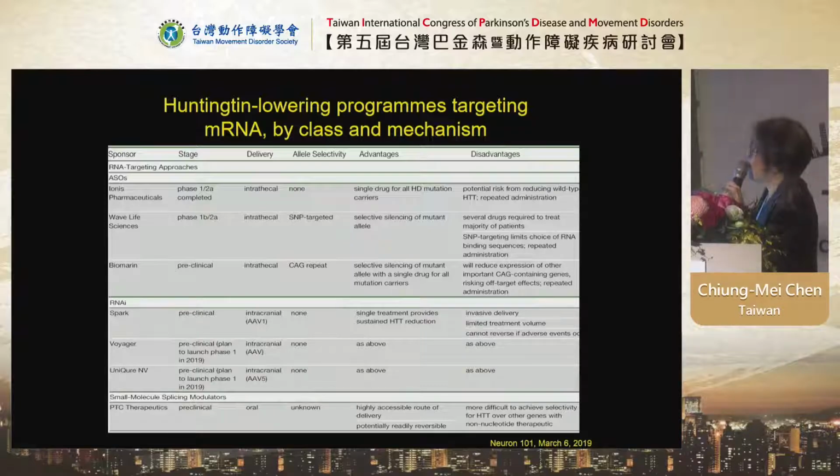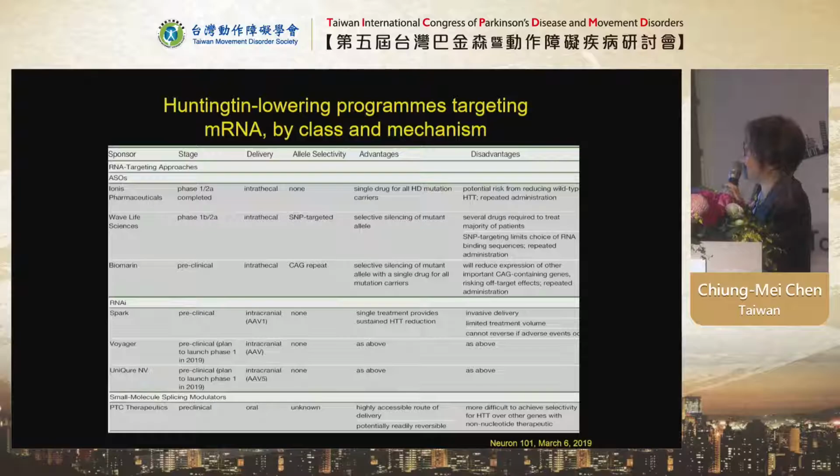Their ASO is SNP specific. This one is also allele specific. They target the CAG repeat expansion allele. ASO must be administered by intrathecal injection. Their action is short, and they need to be repeatedly administered.